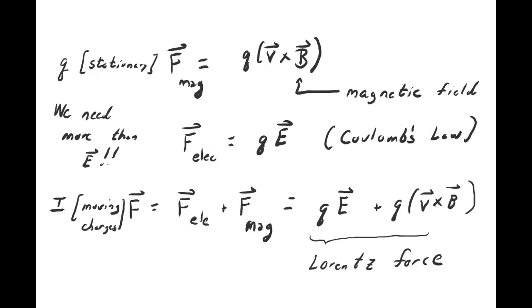And these currents generate a new type of field that's completely different than the electric field. That field is something called the magnetic field. So steady currents, currents that don't change in time, generate magnetic fields.